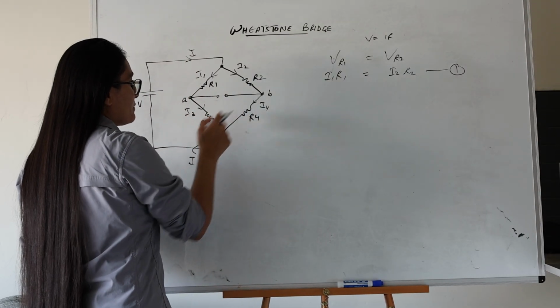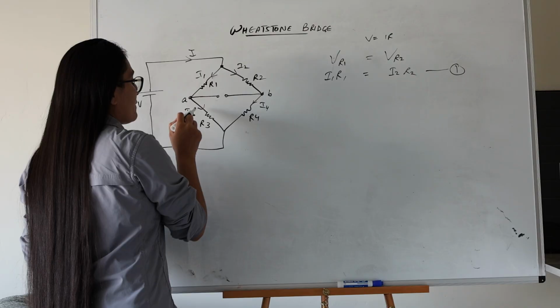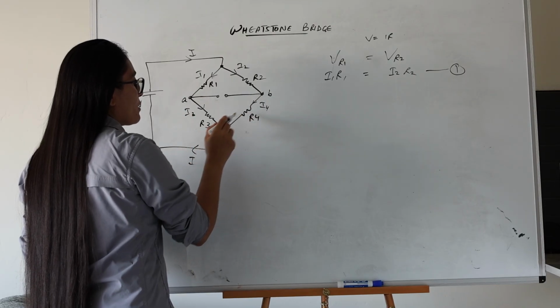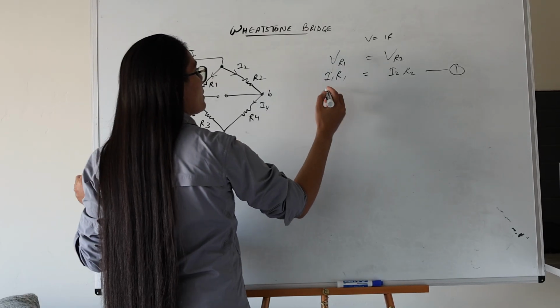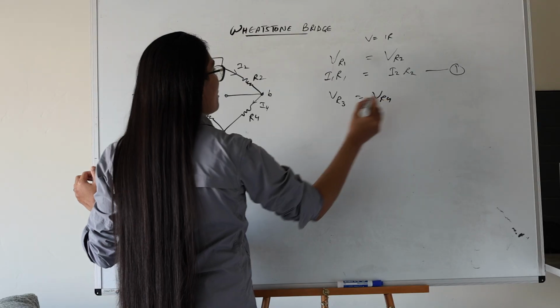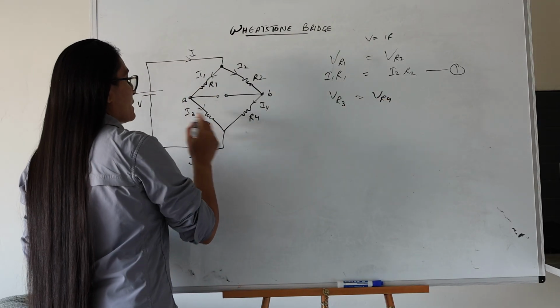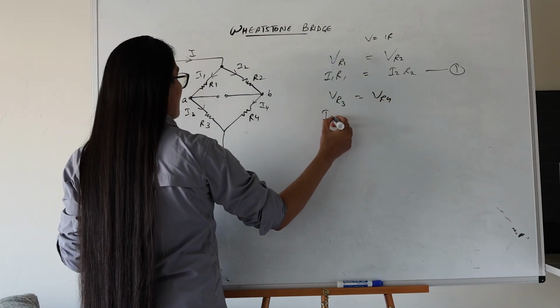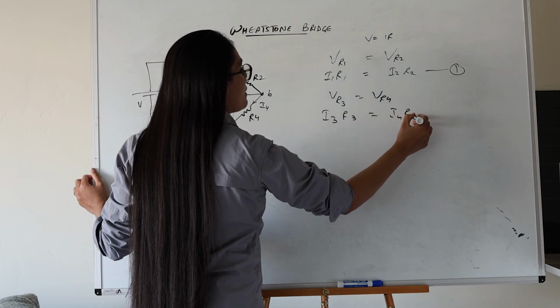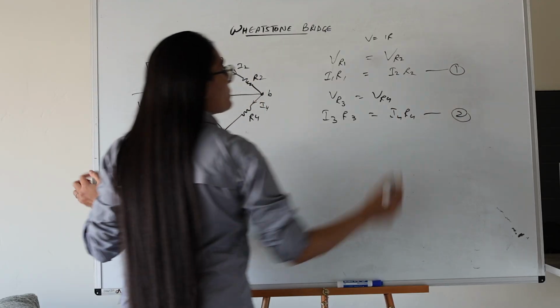Similarly, for the bottom part, we have voltage drop across R3, same as voltage drop across R4. So let's call it VR3 is equal to VR4, and we can rewrite that as I3 times R3 is equal to I4 times R4. So we got two equations.